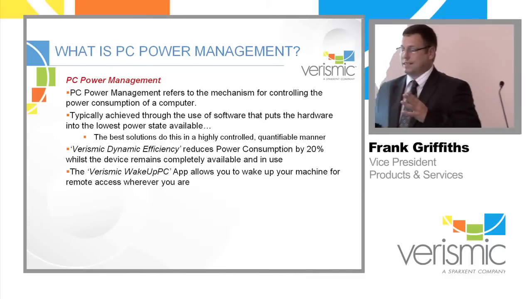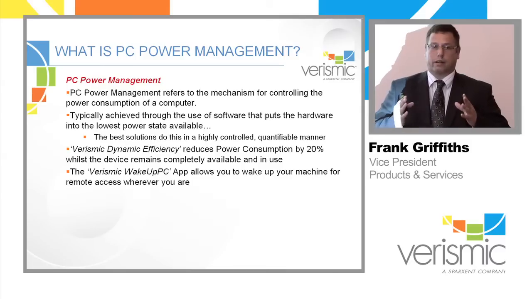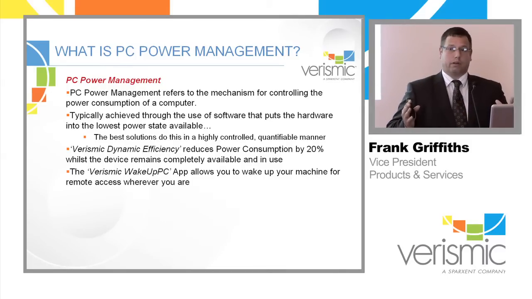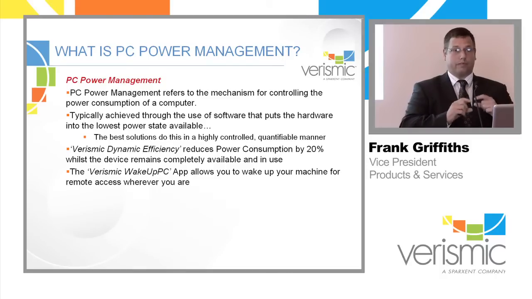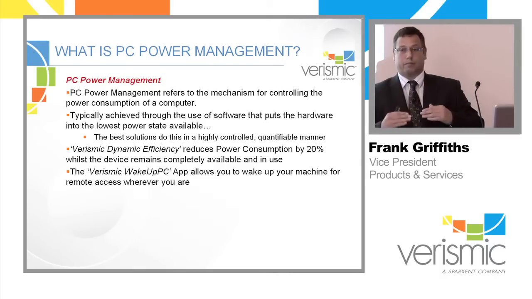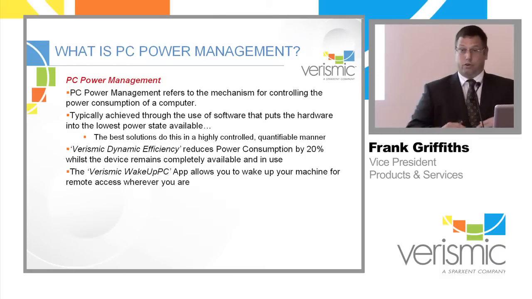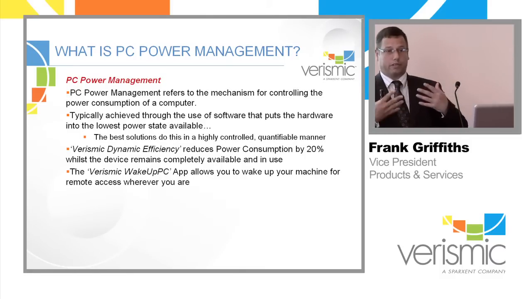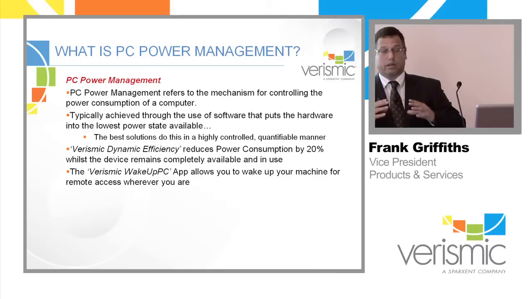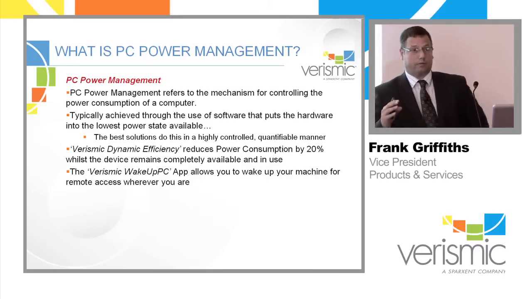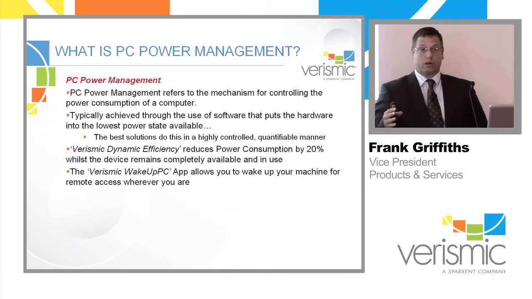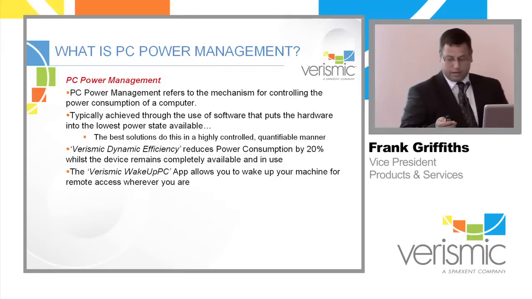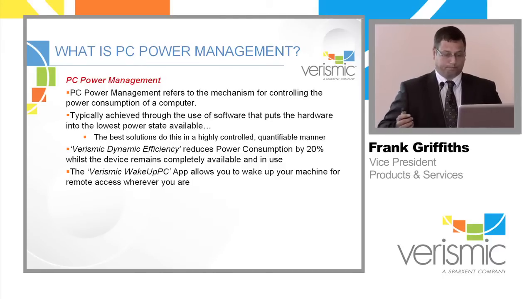So it's a case of monitoring and learning how your business operates, identifying when those available minutes of the machine being in on state but not used are happening. And then once you've got that information, you've learned that information, do an analysis on it, and then you can write power policies in order to target those minutes without impacting the end user. We'll come on to them in a little bit more detail in a moment.